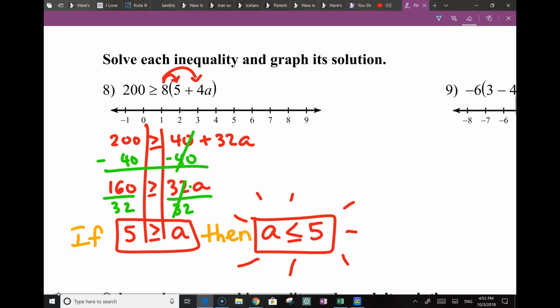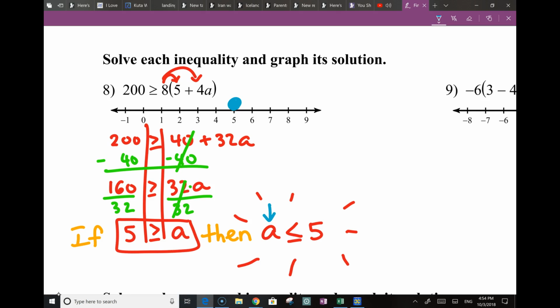So what I need to do is represent all the possible values that this A could be. I'm going to go to my number line up here, and I'm going to go to the number 5. I'll place a closed point. That closed point represents the fact that you could use the number 5 in answering the question, what numbers are 5 or less?